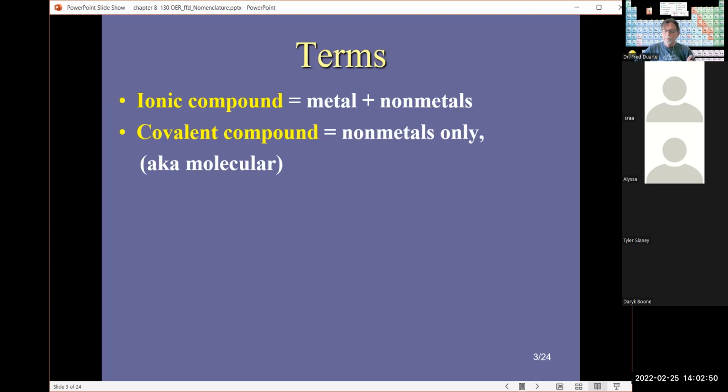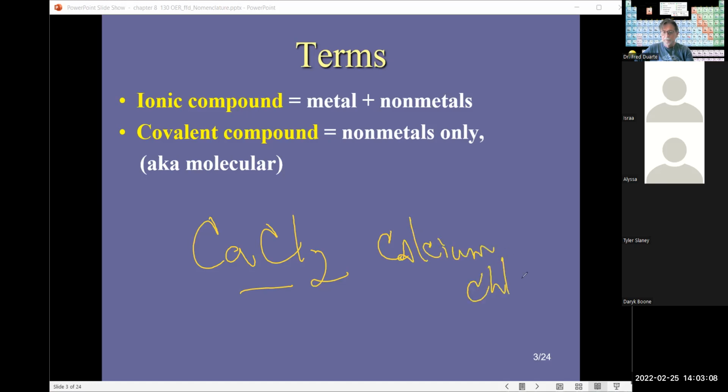With ionic compounds, we don't use prefixes, okay? Like, for example, let's say we're dealing with calcium chloride. This should simply be calcium chloride, okay? Its particular name. And we'll explain why there's 2 of them.